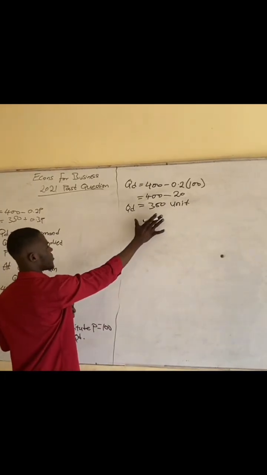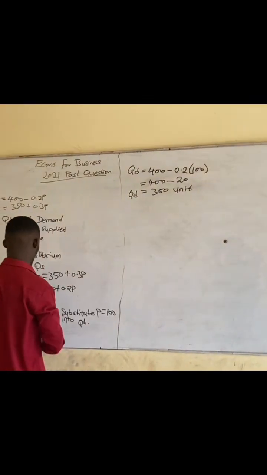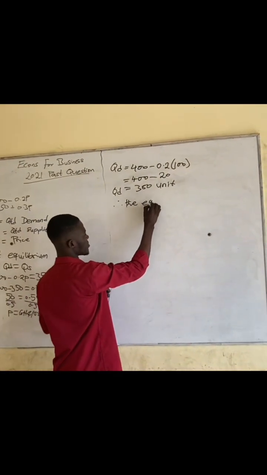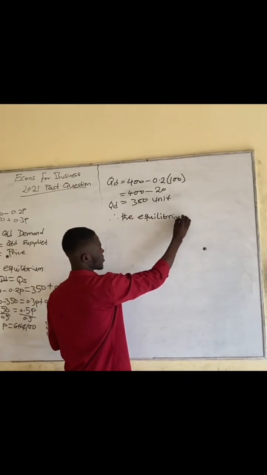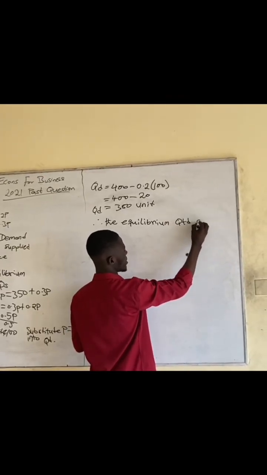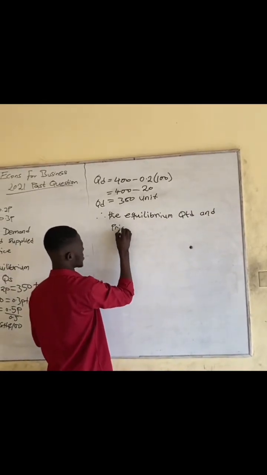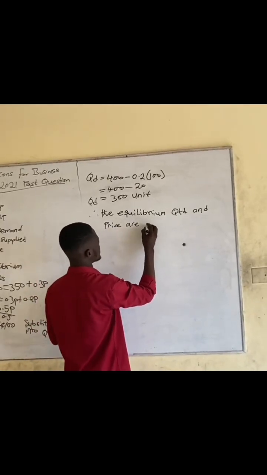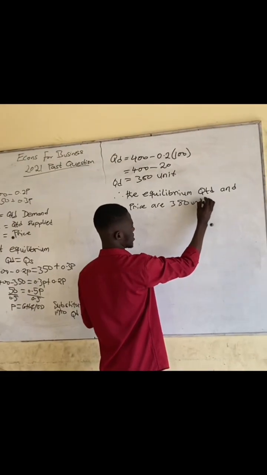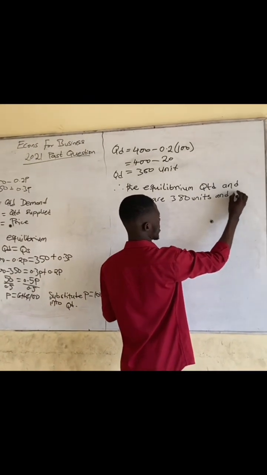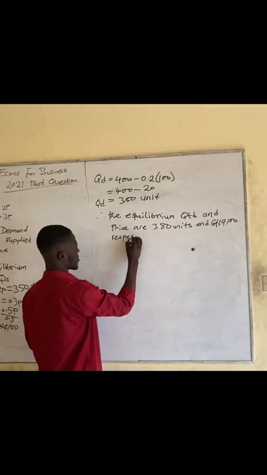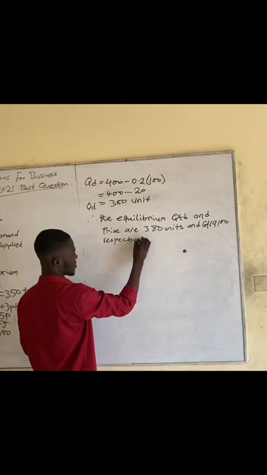Then you draw your conclusion. After getting your quantity demanded and price, you state that, therefore, the equilibrium quantity and price are, quantity first, 380 units and 100 cedis respectively.